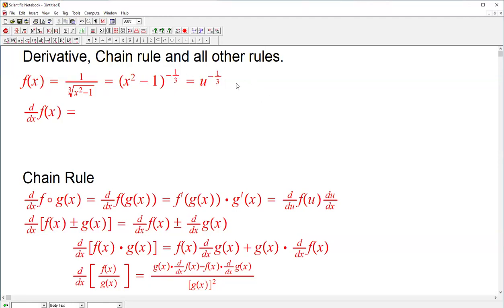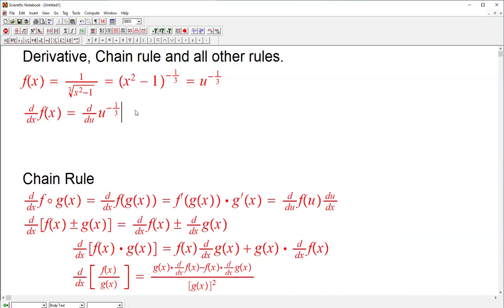According to chain rule, we're going to differentiate with respect to u, which is u raised to the power of negative 1/3, and multiply by the derivative of u with respect to x.